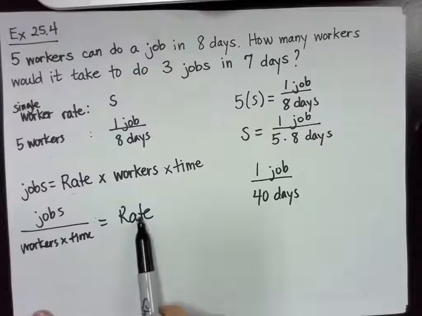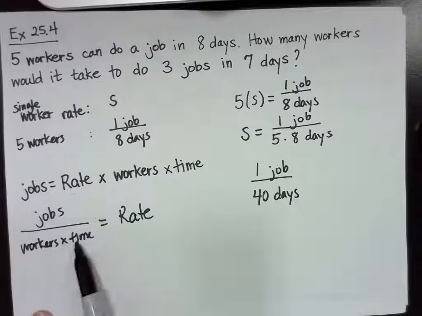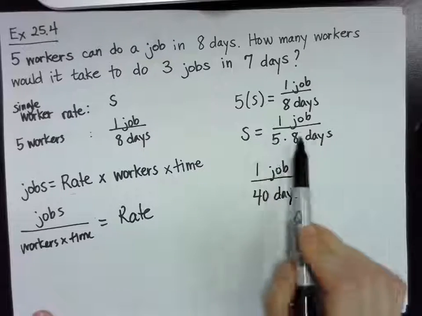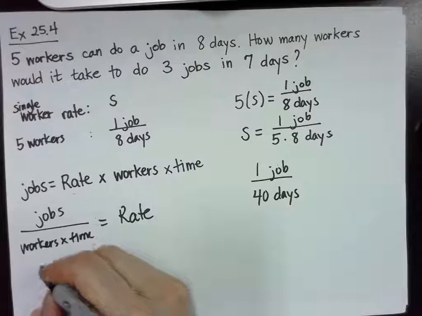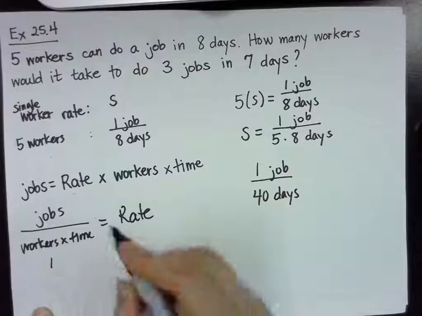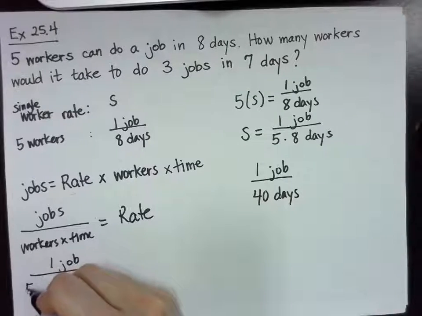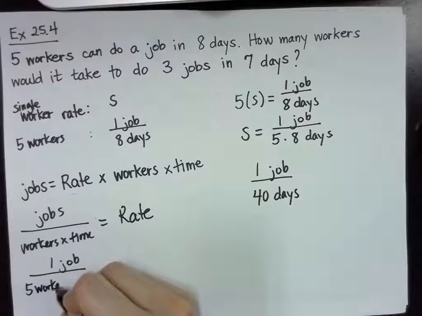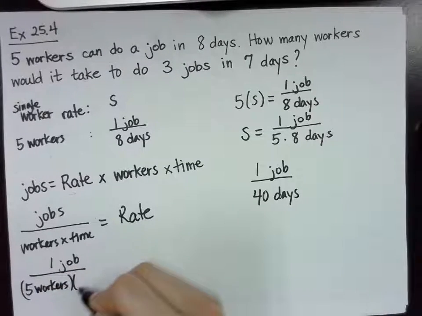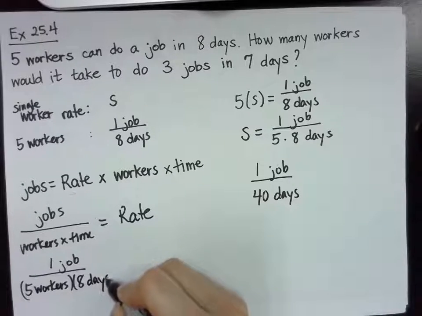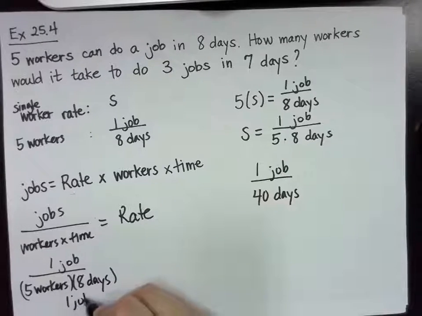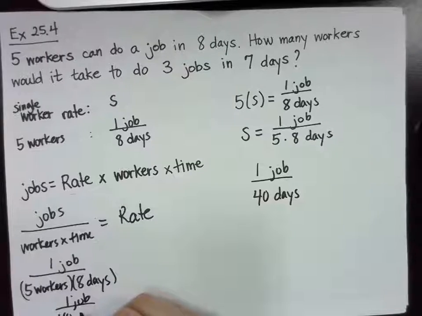Okay, so if our rate is jobs per worker time, then we're going to rewrite this rate as being 1 job and 5 workers times 8 days, or 1 job per 40 worker days.